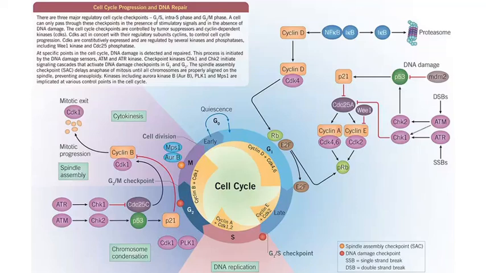So the transition from G1 to S phase, that is the initiation of DNA replication, requires for cells to meet certain requirements. For example, the cell size and nutrient status should be optimal for the initiation of DNA replication.